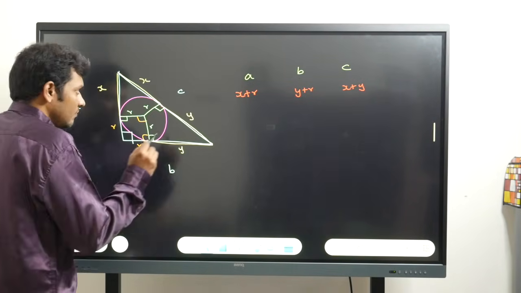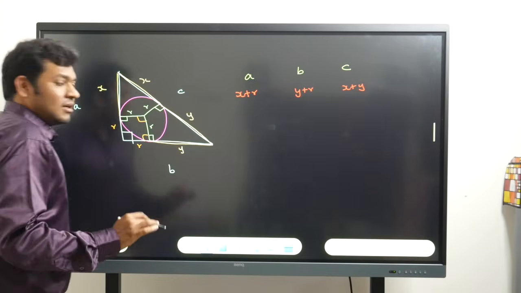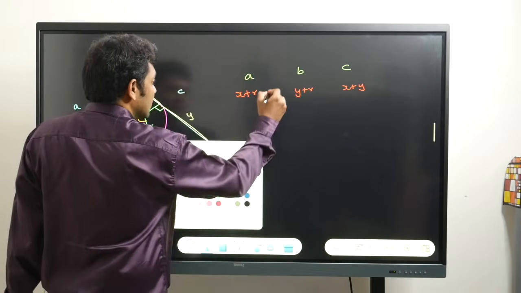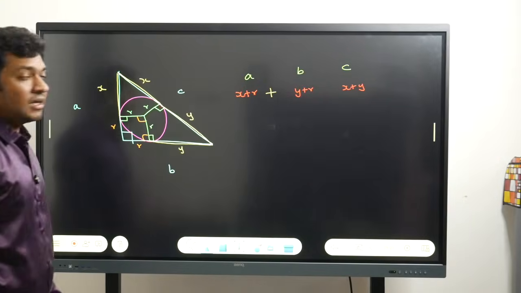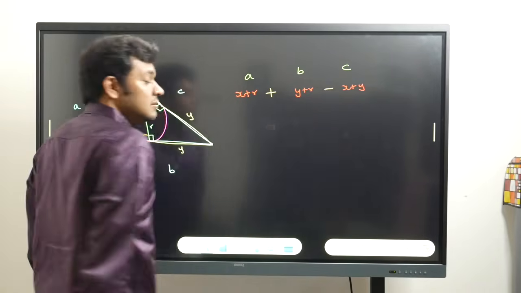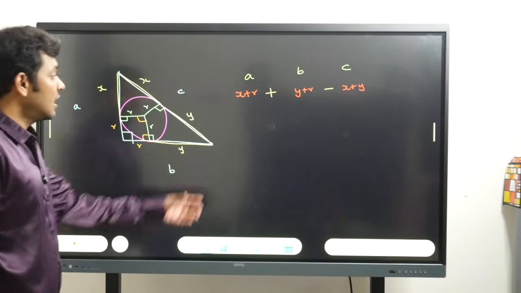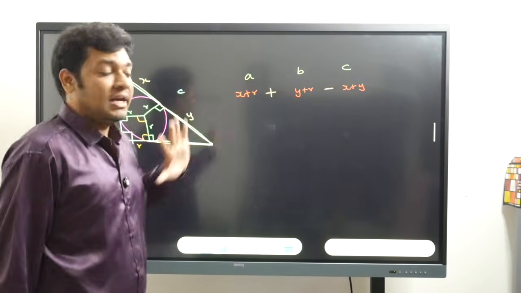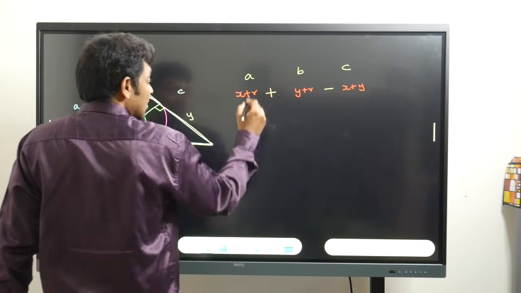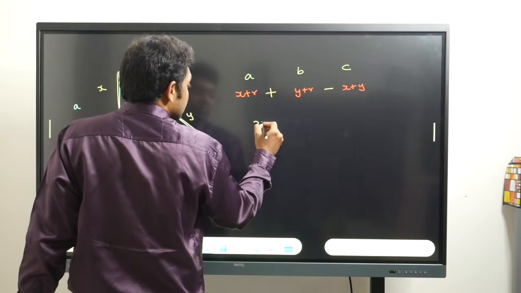Now, I need to find the inradius. From this, if I add the first two equations, what will I get? x plus r plus y plus r. I need to subtract x and y, so I can just subtract the third. I have x plus r, y plus r, x plus y. So x plus r plus y plus r minus of x plus y, which is nothing but 2r.